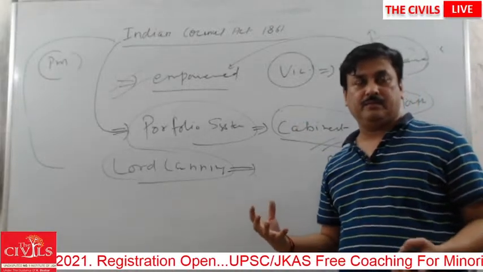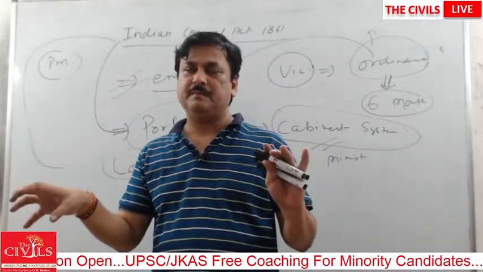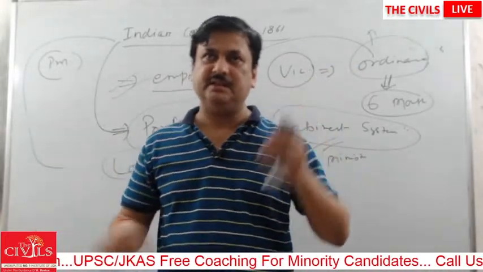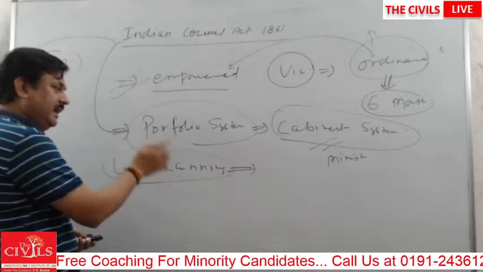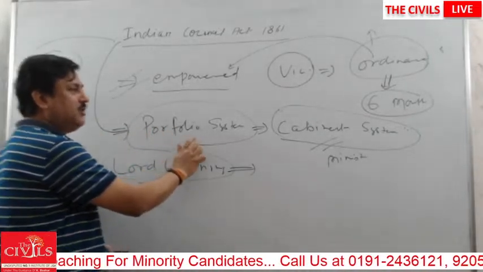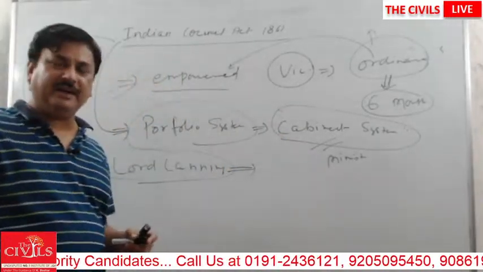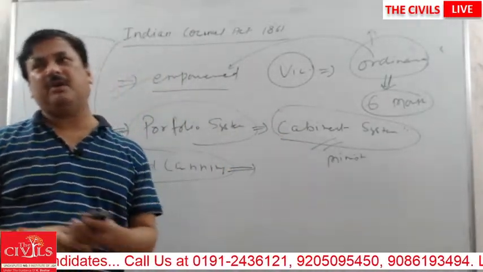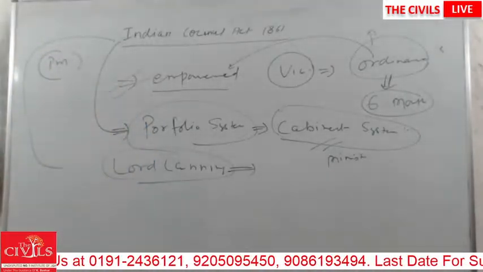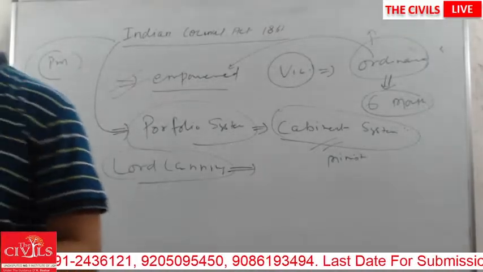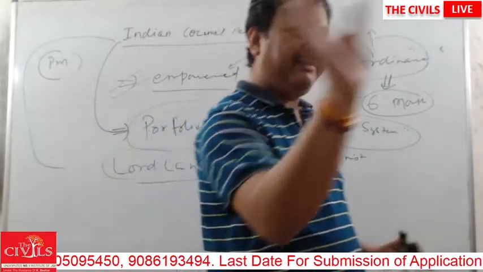This act also empowered the viceroy to distribute the functions of administration into the hands of ministers, and this was followed by Lord Canning, who started the portfolio system or cabinet system. He divided the work among the members of the council into various departments, like agriculture department for agriculture work and defense department for defense work.